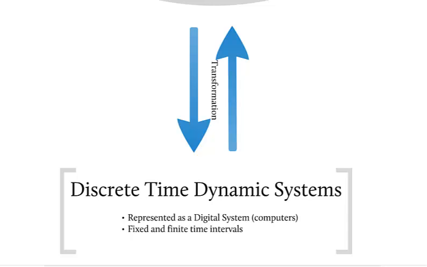So using a computer to control a system would get you to discrete time control. And in these cases, there's a fixed and finite time interval that we're using to analyze the system. So in other words, variables evolve in fixed and finite time intervals, whereas in continuous time, the variables evolve in infinitely small intervals of time.